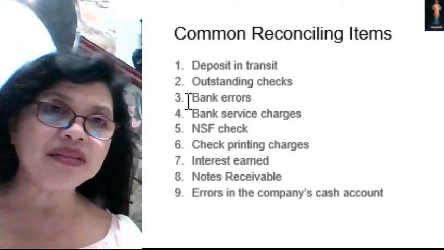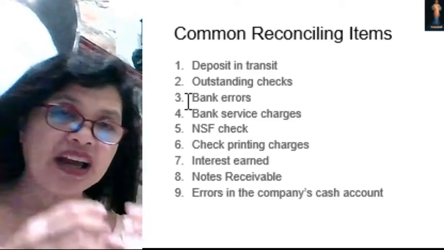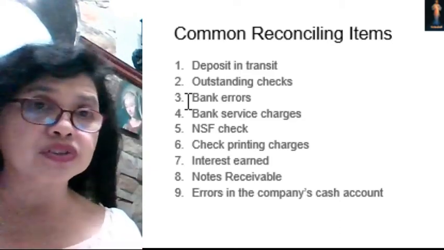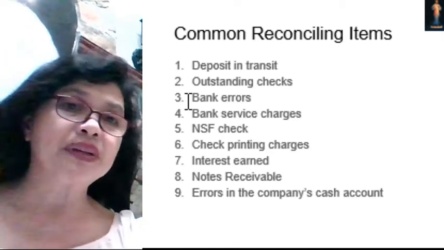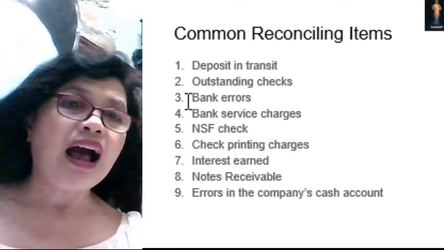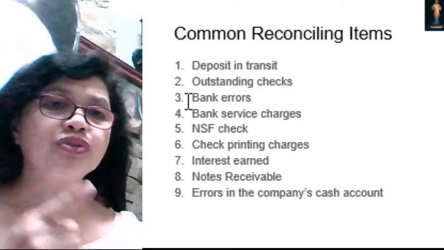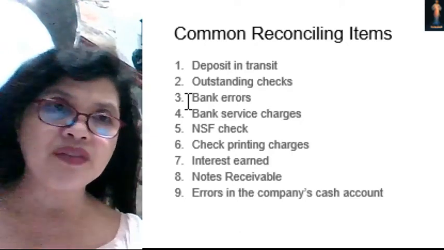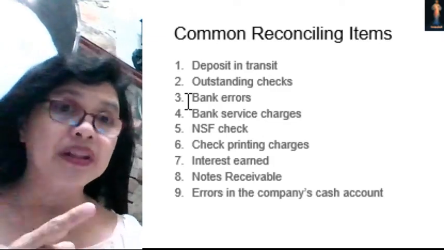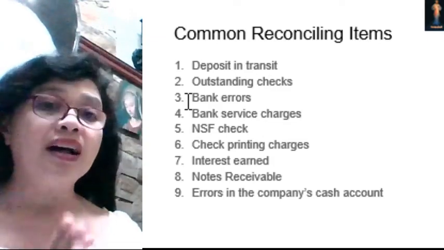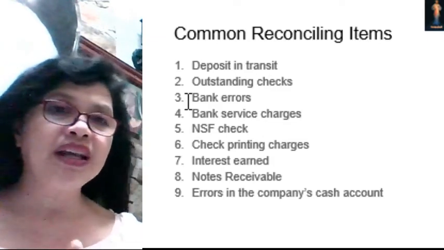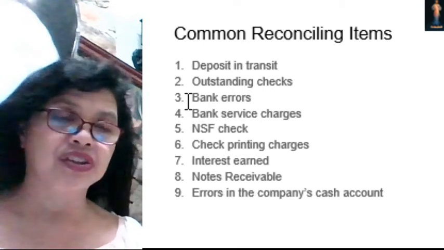So that means the check was already recorded in the books but has not yet been presented to the bank until March 31, and it was only presented to the bank on April 3. So that is beyond the cutoff date of March 31.